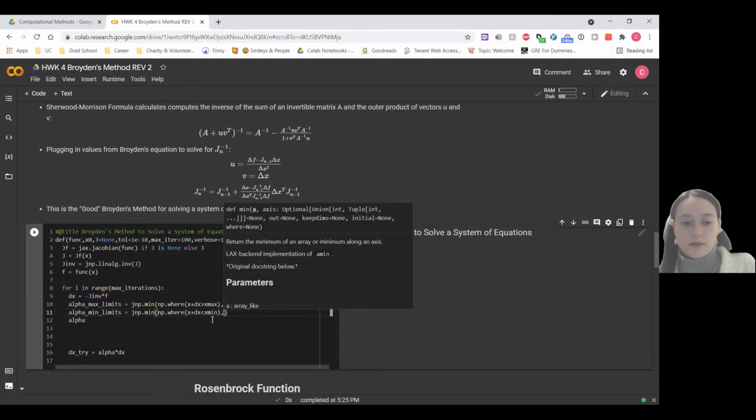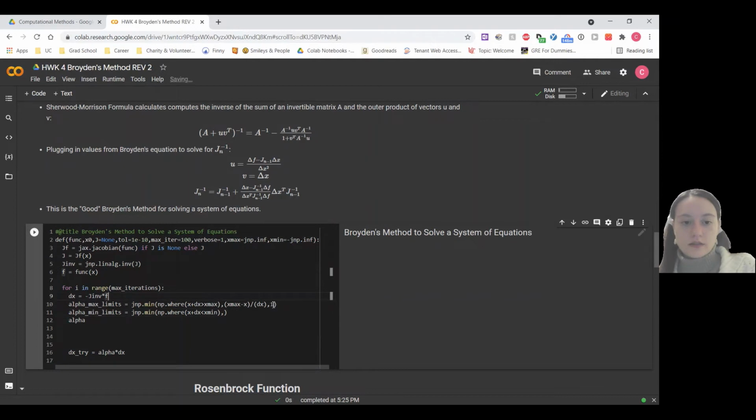Then we'll do the same thing: instead of dx, we'll calculate this value of alpha. But if we don't go outside our limits, then we just want alpha to be 1. So we've calculated our alpha for not going below the minimum, and our alpha for not exceeding the maximum. Now whichever one of those alphas is smaller, we want to make sure we choose that one.